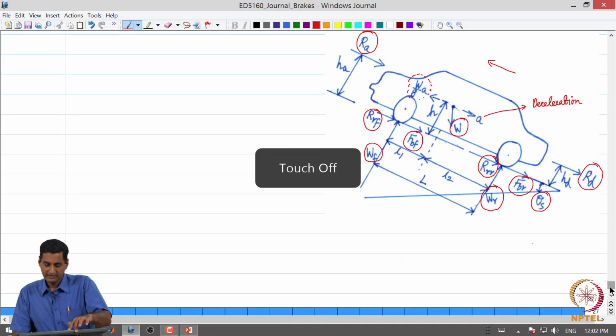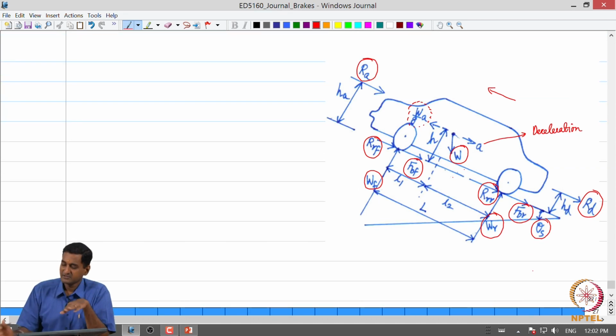in a direction opposite to that of the deceleration, and that is going to be W by g times A. That's the D'Alembert's force. The weight of the vehicle is W, and that is going to be resolved into two components: W cos theta s perpendicular to the road and W sin theta s along the longitudinal direction.